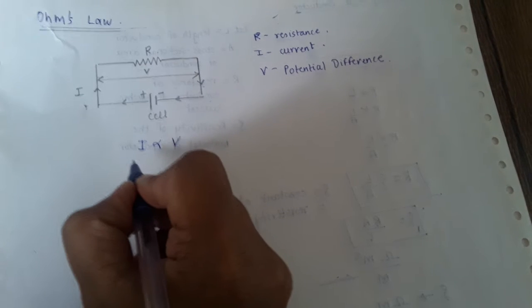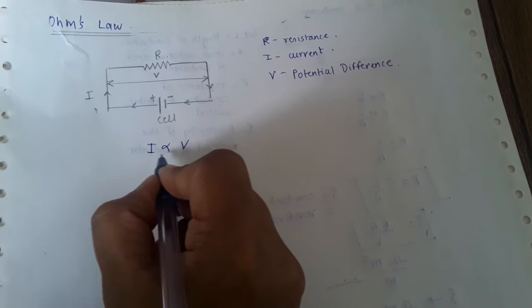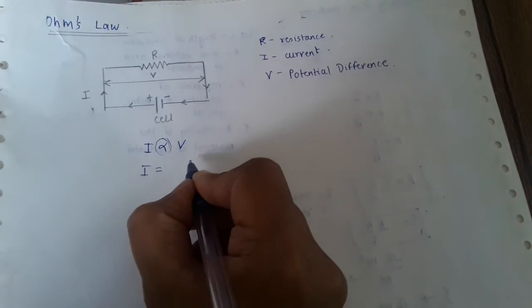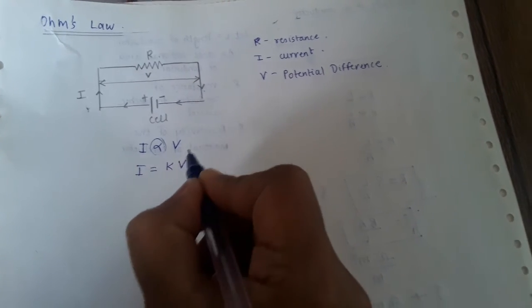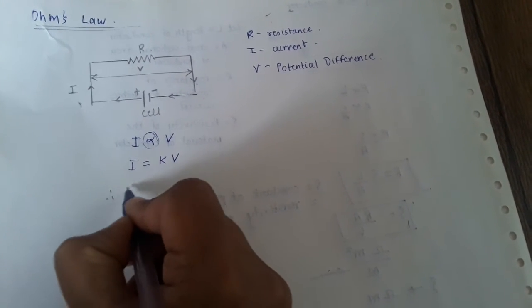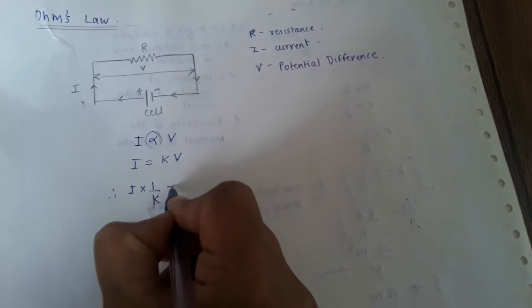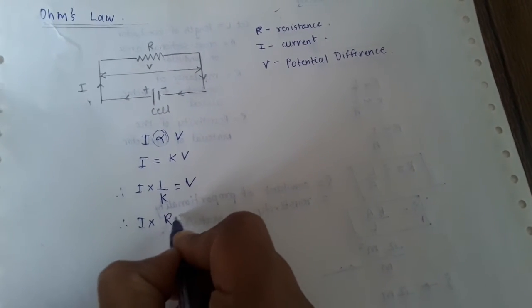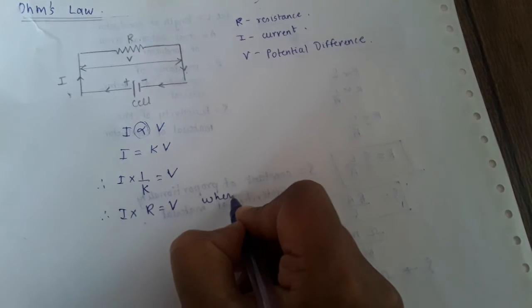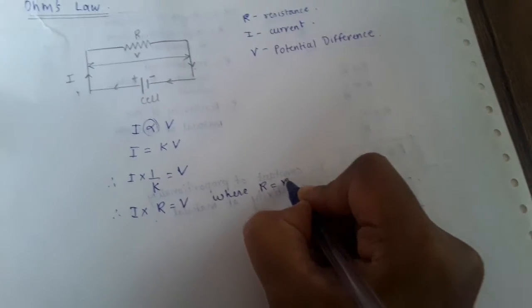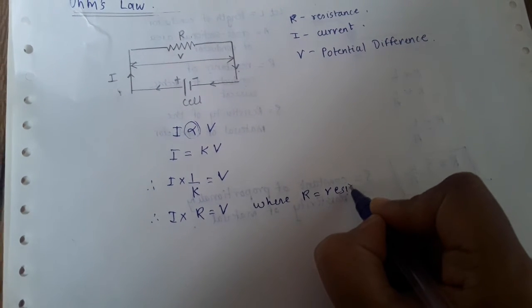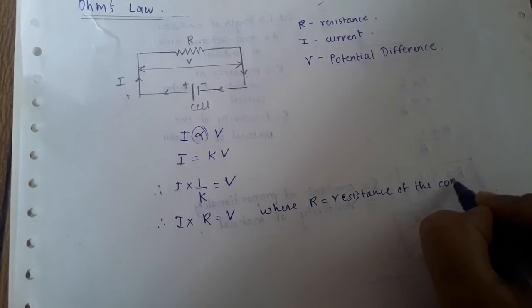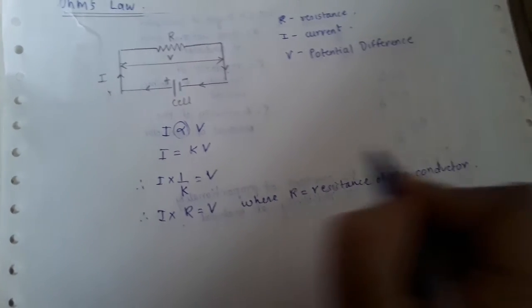Now if you want to remove the proportionality symbol, we will write I equal to K into V. Therefore, I multiplied by 1 upon K is equal to V. Therefore, I into R is equal to V, where R is the resistance of the conductor.